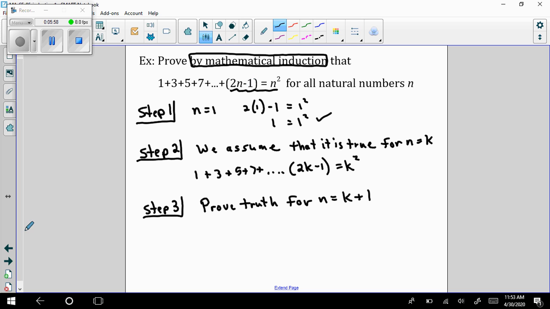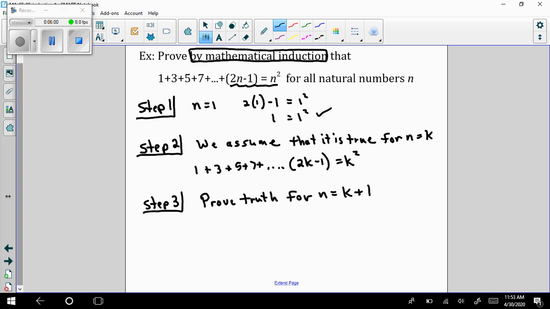Now I'm going to prove that it's true for n equal to k plus 1, or n equal to 2. All right, so I have this statement right here, which we're going to use here in a second. So when you do that step 2, always note that equivalent statement that you have there.